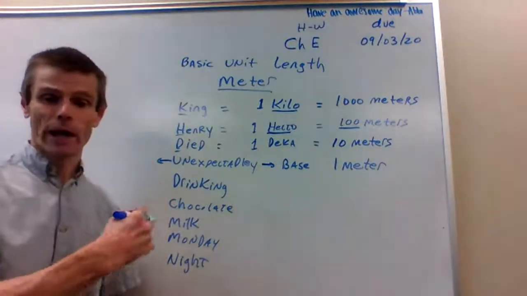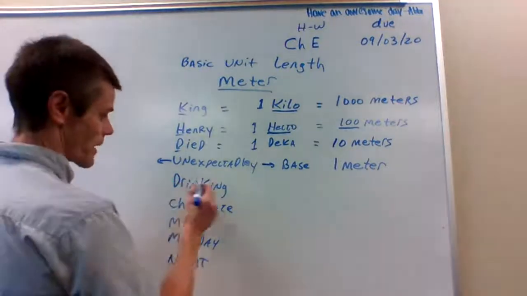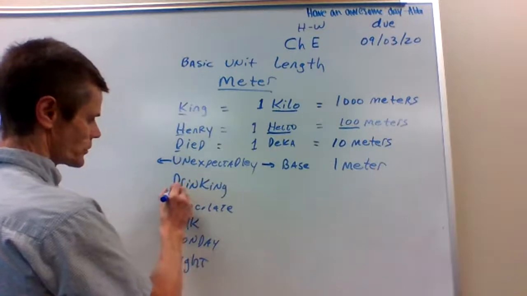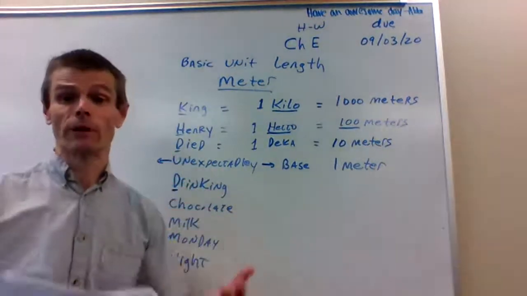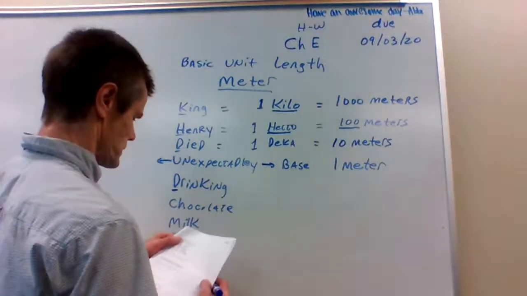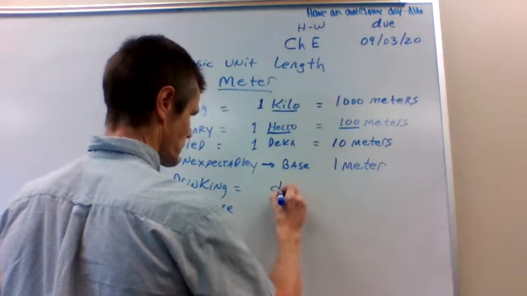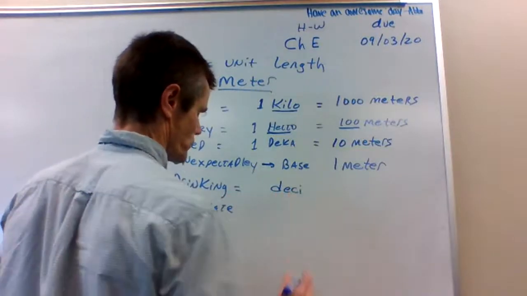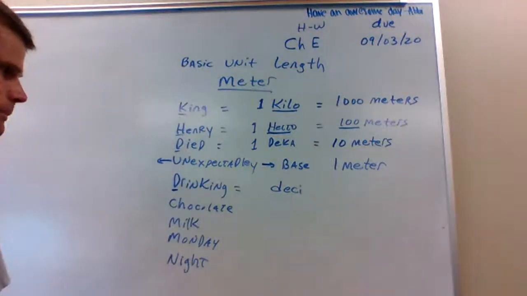Now we're going to look at smaller units of our base. And this is where it's a little bit confusing. Drinking. Now we're going to have a smaller number of units of our base. This is deci. A couple of ways of thinking about a deci.